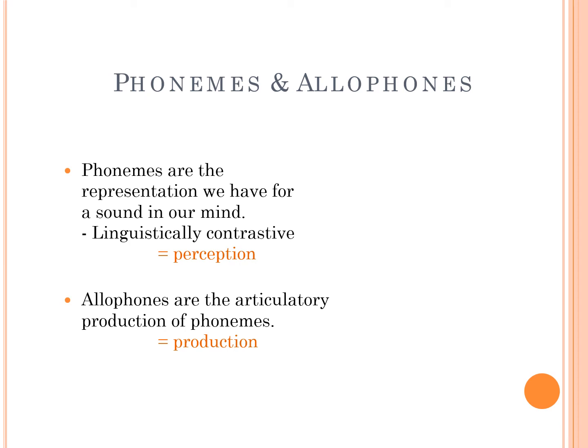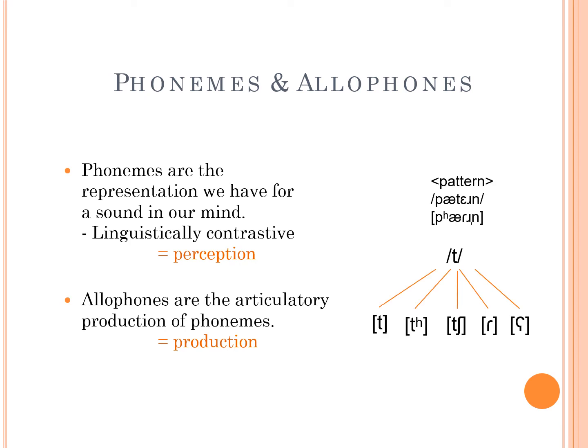And so if you can see the picture on this slide, she has here the word pattern in our forward slashes. She has the phonemes that create that word pattern, what we are hearing in the perception of the word pattern, as basically I say it. And then underneath that, in the brackets, are these denoting allophones of those phonemes.